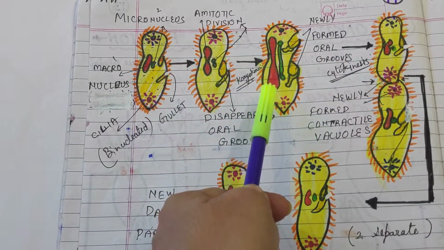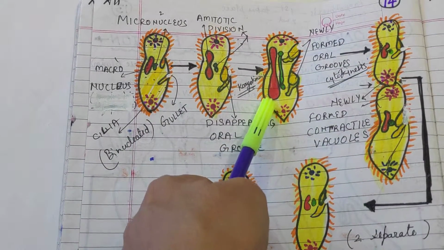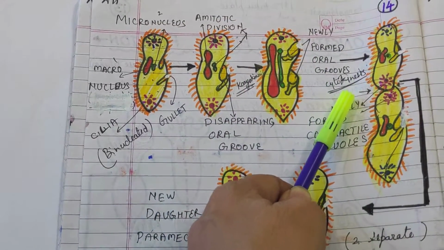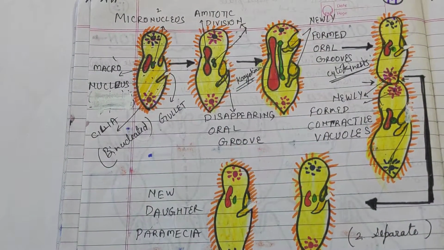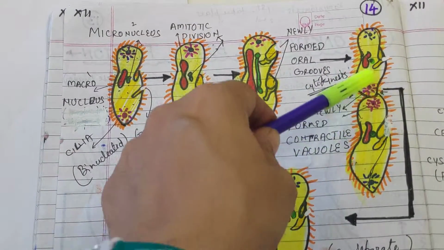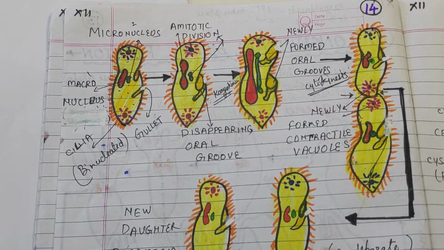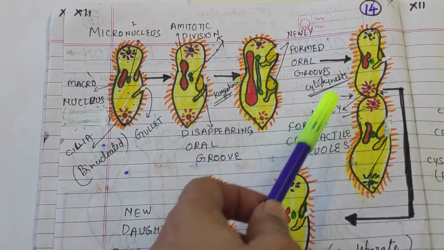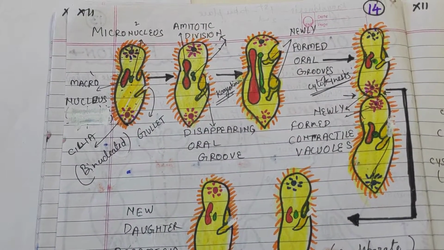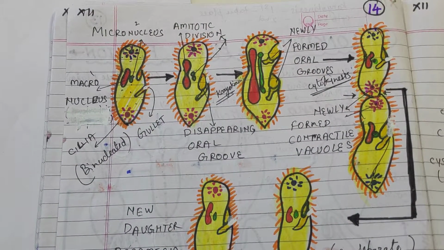And after the nucleus division, or we can say after the karyokinesis, cytokinesis will take place. Here, the cytoplasm divides into two parts, and newly formed contractile vacuoles are also present in the paramecium.